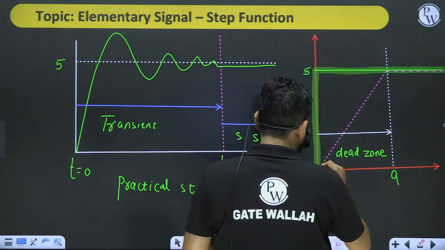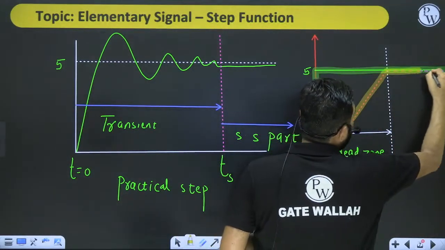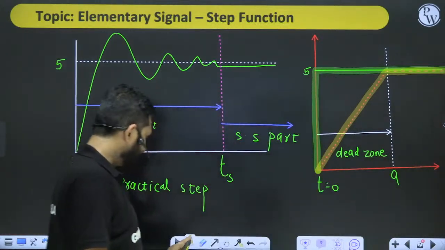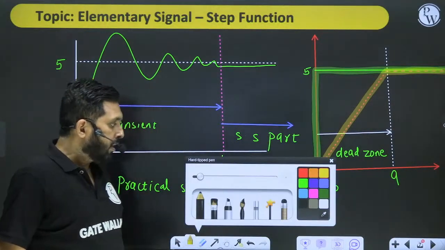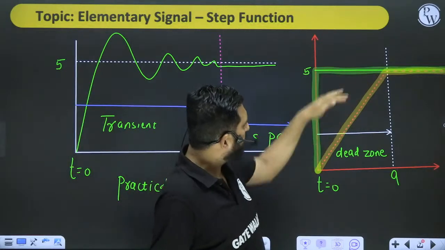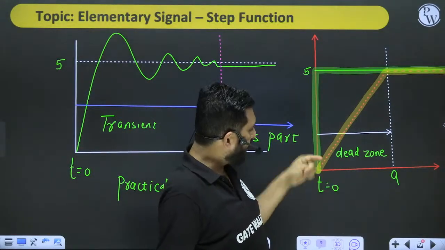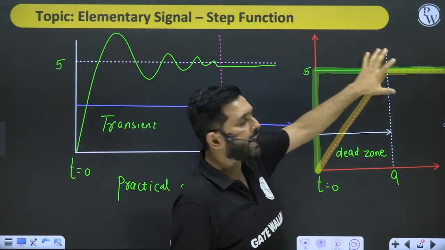My point is that you will never get an ideal step where, if you close the switch, you directly get the final value.